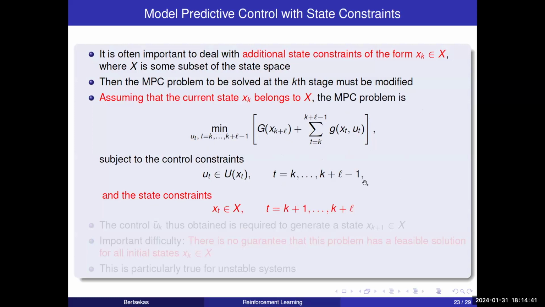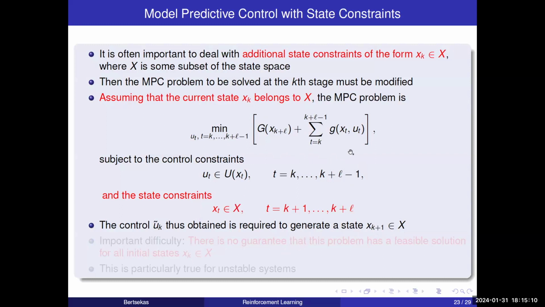So part of the problem here is, given a state in here, keep the state in this set capital X. So there is this requirement. We have to be able to generate a next state within capital X, given any state in X. So you want to keep the state of the system within this set.